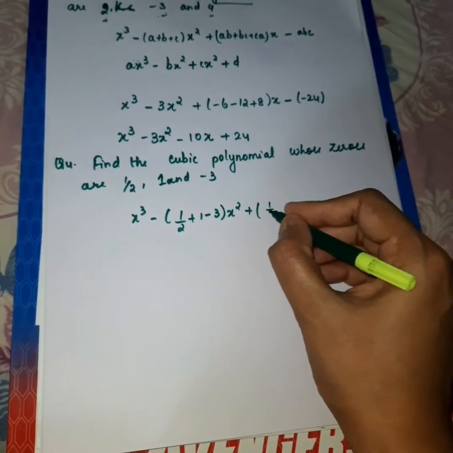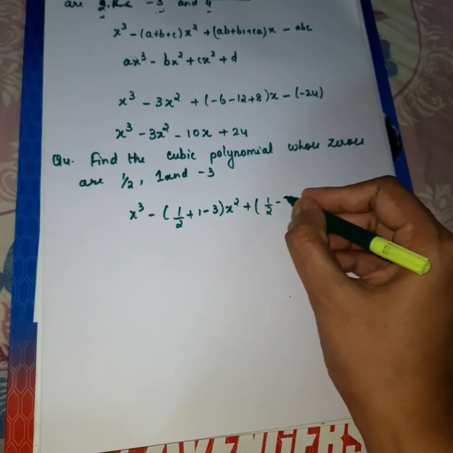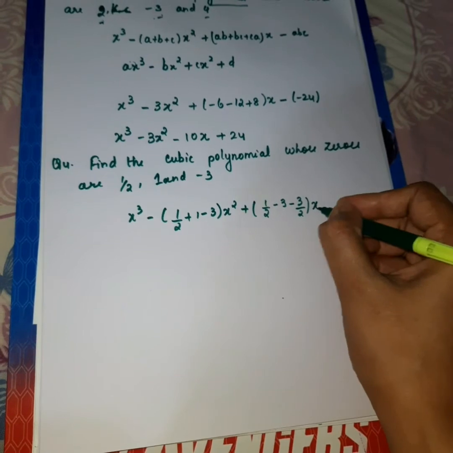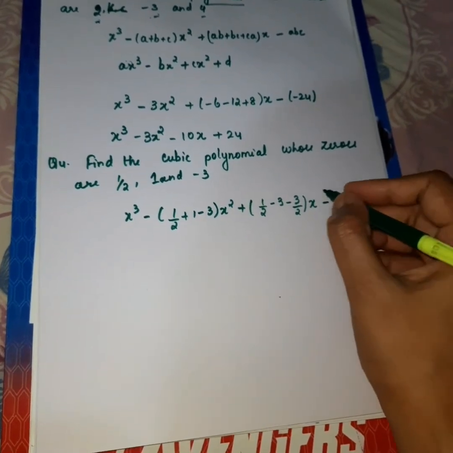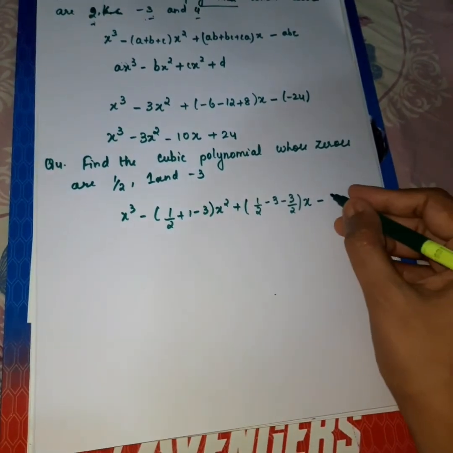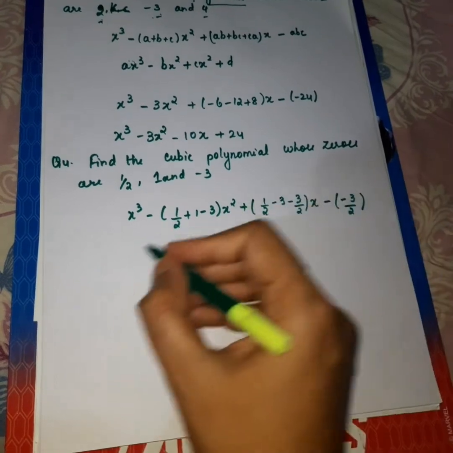So it's ab, 1 by 2 minus 3, minus 3 by 2 into x, and then minus the product of all three zeros. So that's going to be minus 3 by 2, minus of minus 3 by 2. That's going to be the constant.